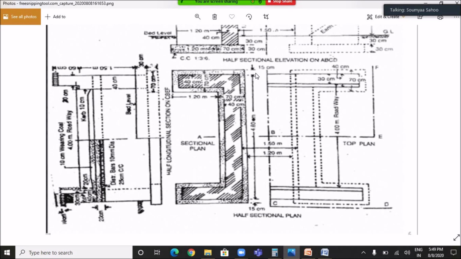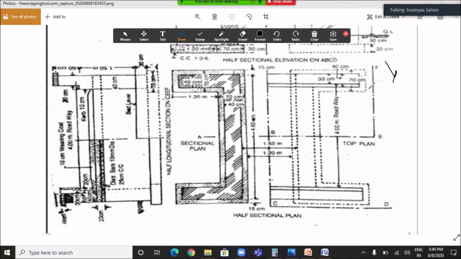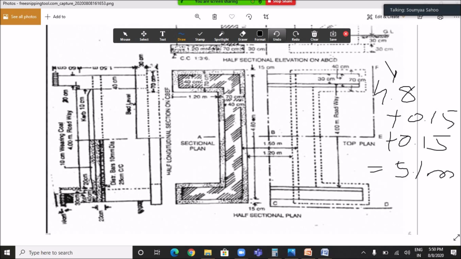Here 0.15 meter of offset and here 0.15 meter of offset. So the total length is 4.8 plus 0.15 plus 0.15 equals to 5.1 meter.